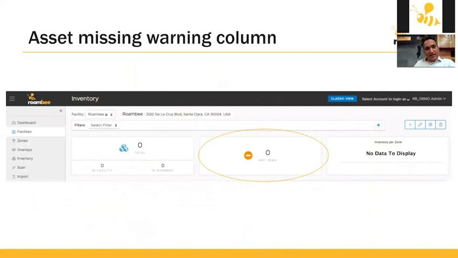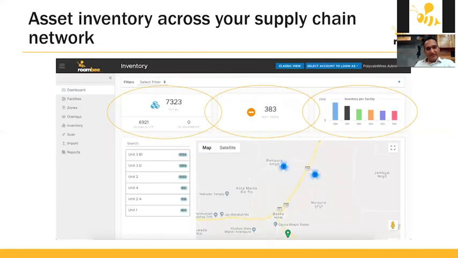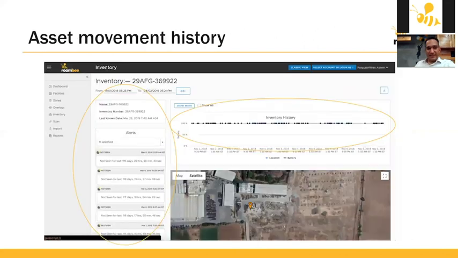So let's look at some of the dashboards that we have. I'm showing you some of the more relatively simple ones, which you can see at a glance. There's a lot going on in the back end to actually get these numbers. So you have the total stock, what's not seen, inventory per facility.